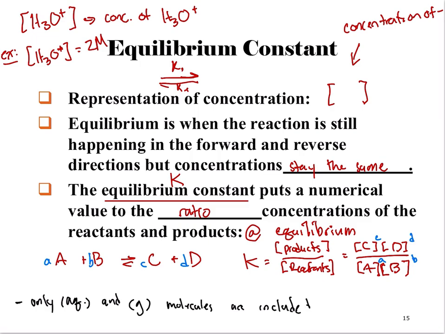So if you ever see any other physical states, like liquid or solid, those are never included in the equilibrium constant. The explanation for that is a little complicated, but really equilibrium is only affected by aqueous molecules, which in acids and bases is important, and gaseous molecules, which in chemical reactions involving gases is important, but we're not going to be talking about gases a whole lot in this class.